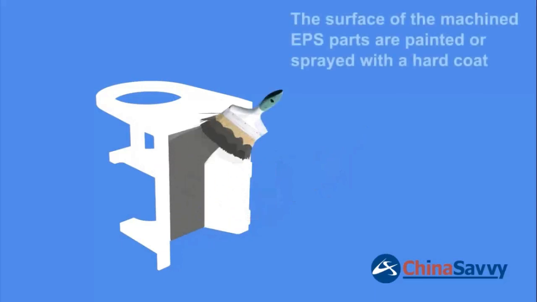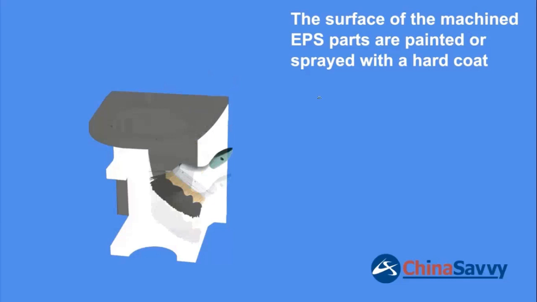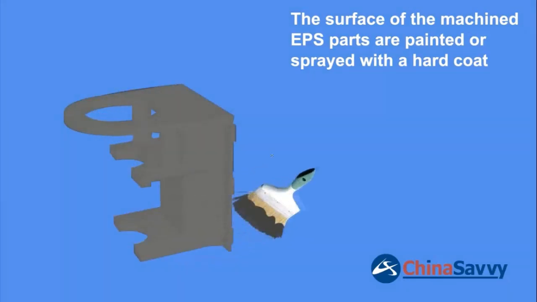Now the pattern is ready. We are coating it with the refractory material, and the purpose of the refractory material was to have a better surface finish and to resist the temperature.